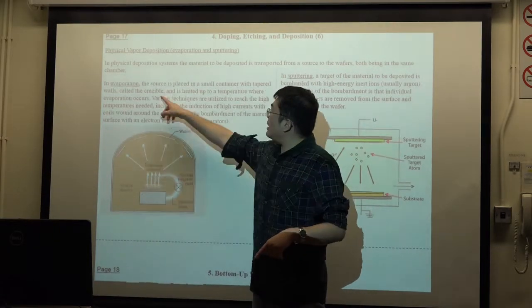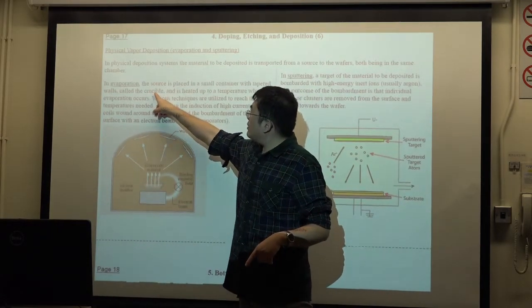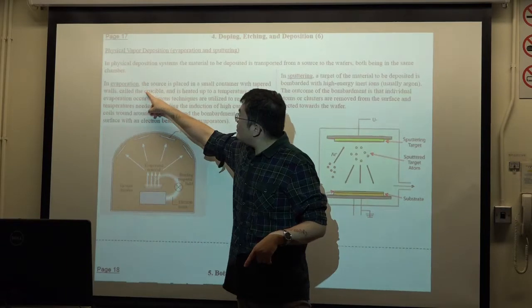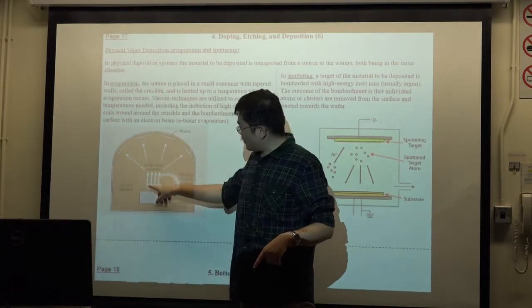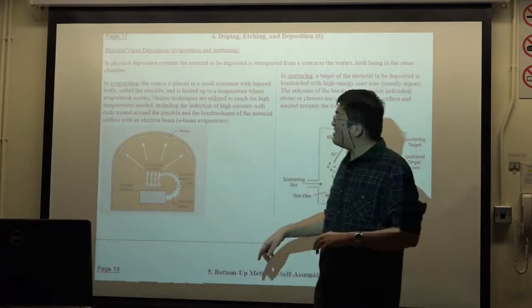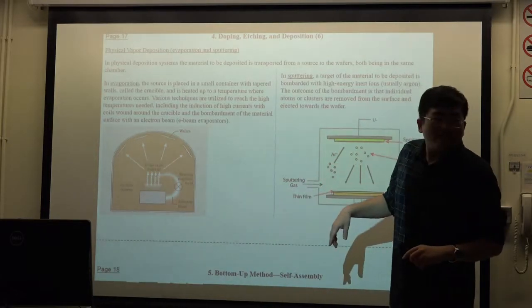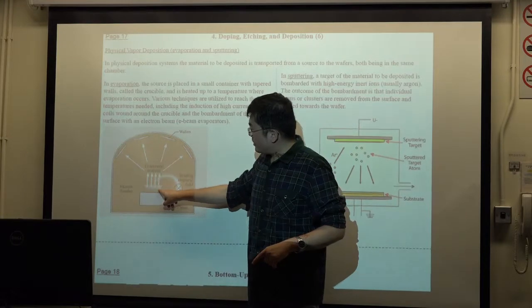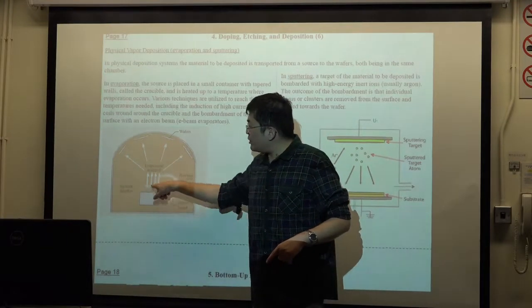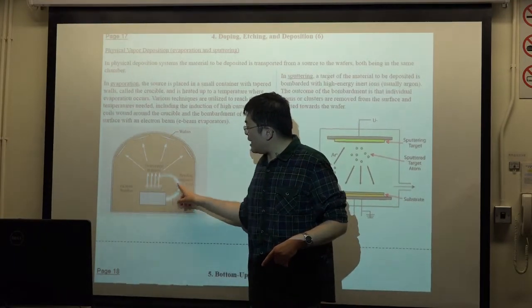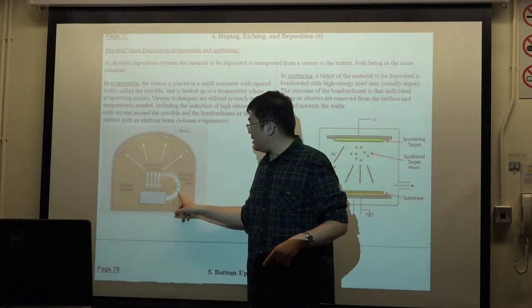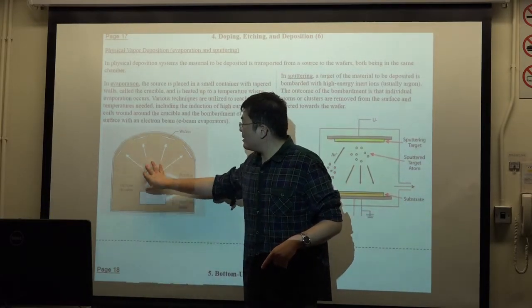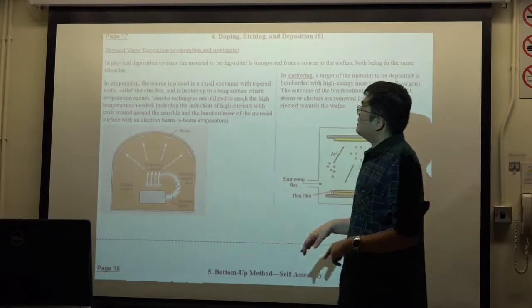They put this source in a crucible. I don't know how to read that. It's very complicated. Crucible. They call it a crucible here. You can see this is the source. The source is heated by the E-beam and evaporates. Everything is in the same chamber.